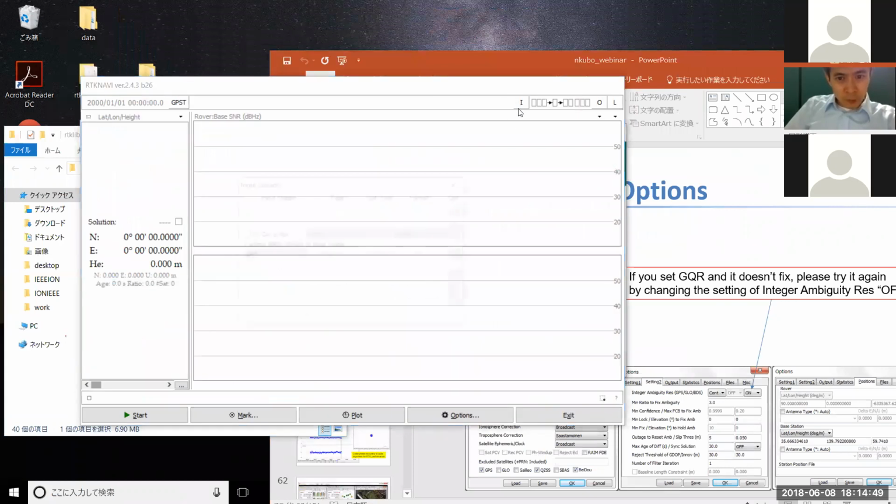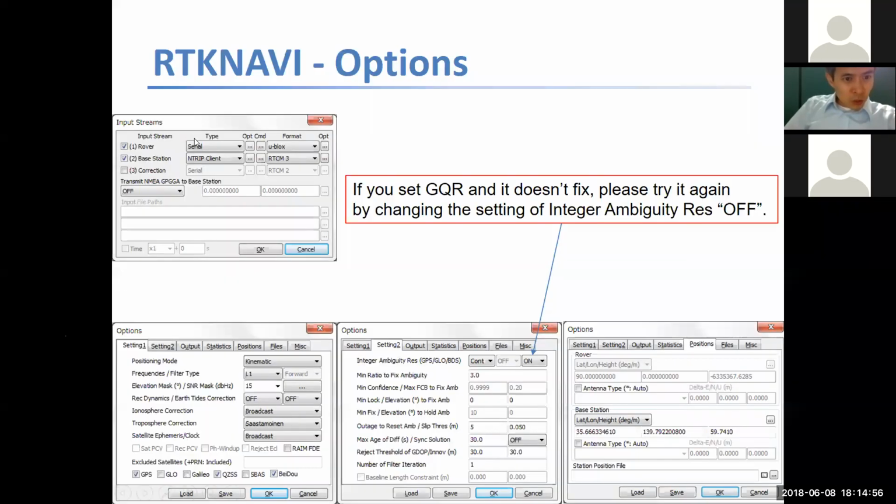In my case, for the rover we use serial, and the format of course is u-blox. And for the base station we use Net2R9, so that's why we set NTRIP client, and we set up the IP address and password for Net2R9, and the format is RTCM3, for multi-GNSS.